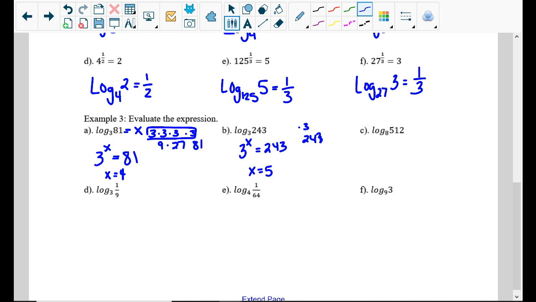As you start multiplying these, you'll remember these perfect cubes and squares. It'll become a little bit easier as you work through. So 8 to what power equals 512. 8 times 8 is 64, times 8 gives me 512. So 8 to the third power, so x is 3.